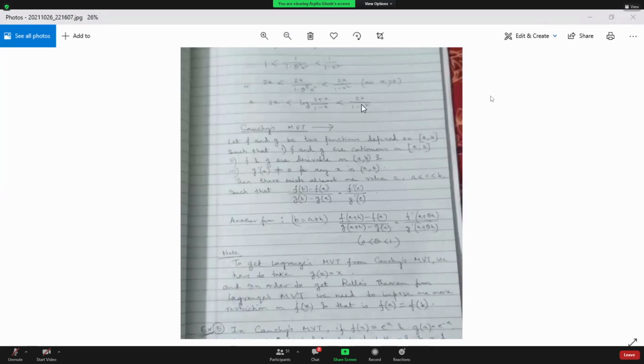Now, geometrically, since fb minus fa by b minus a is the slope of the line joining the point a comma fa and b comma fb, therefore, according to Lagrange's mean value theorem, if the first two conditions of Rolle's theorem are satisfied, there exists at least one point in between the endpoints where the tangent to the curve is parallel to the straight line or the chord joining the points a comma fa and b comma fb.